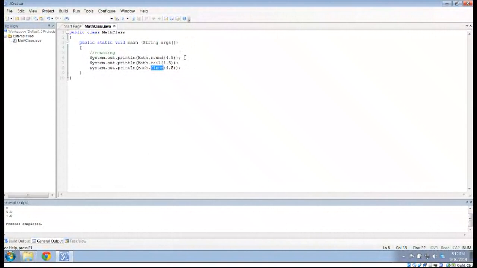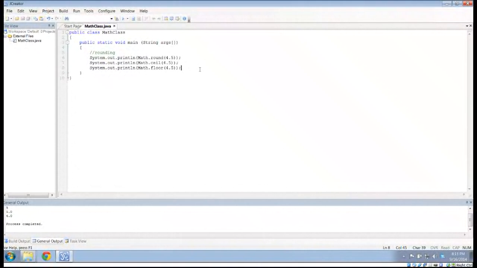We can do math.round whenever we want to do our traditional rounding, like rounding to the nearest penny or rounding to the nearest what have you. But whenever I need to force myself to round up no matter what, I can use math.ceil. And whenever I need to force myself to round down no matter what, I can do math.floor. So I've got these different techniques of rounding.